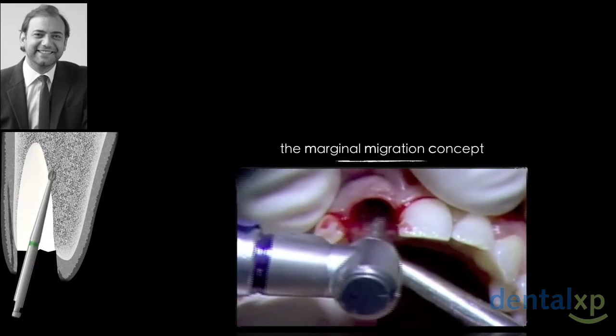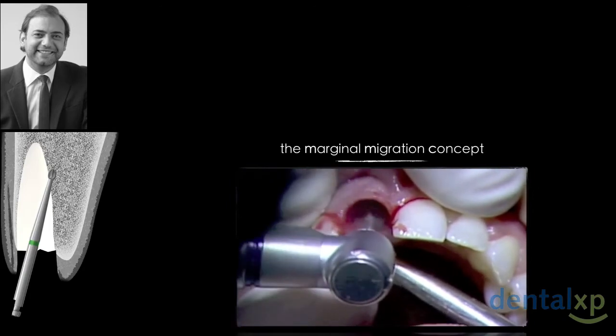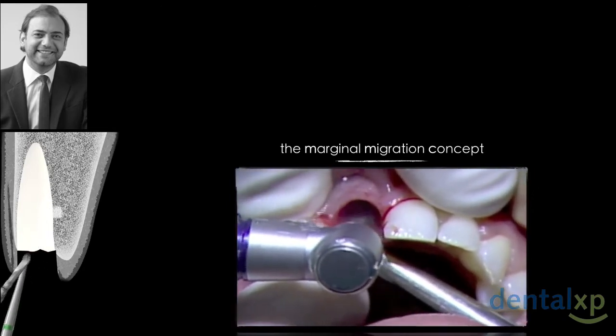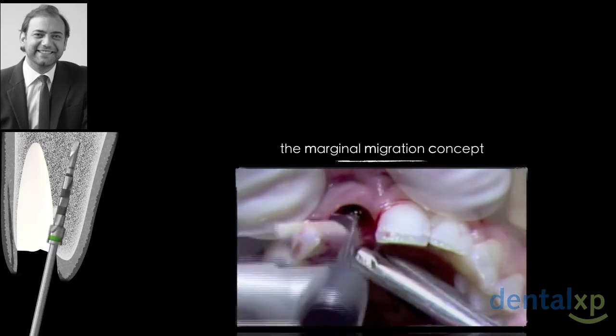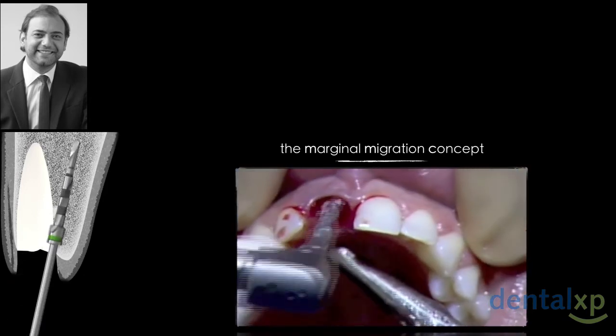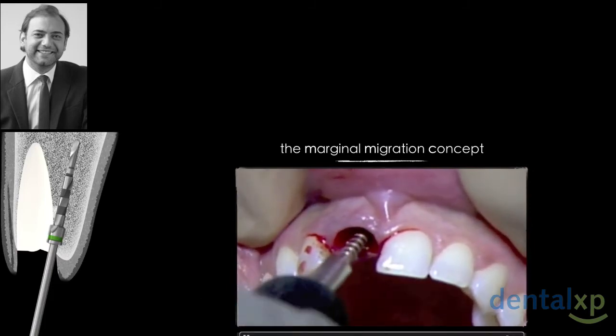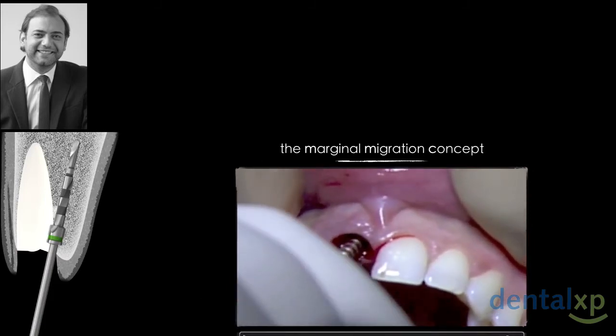We like to use a round burr in order to mark the proper position and entry of our pilot drill, as you see on the left side of the screen and here, and then we will utilize osteotomes.